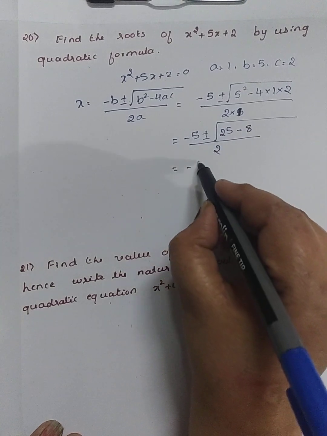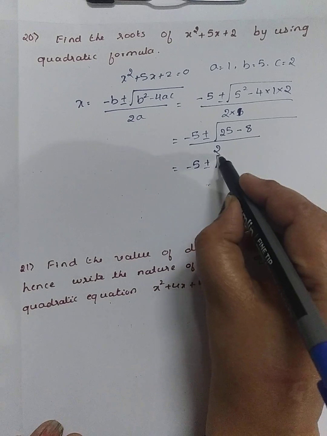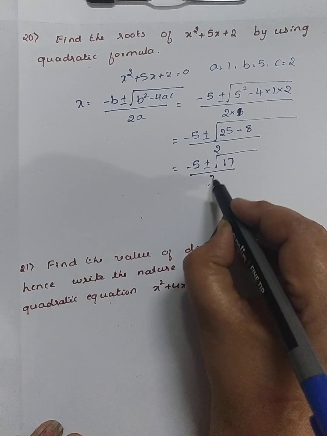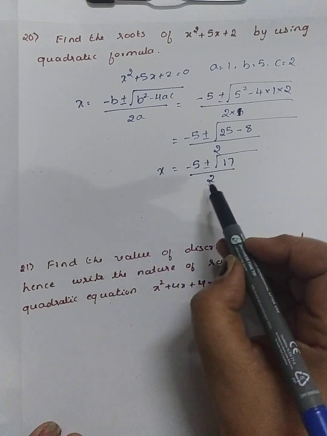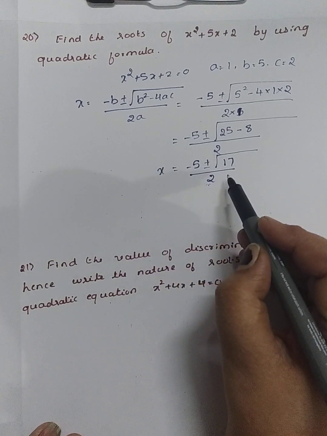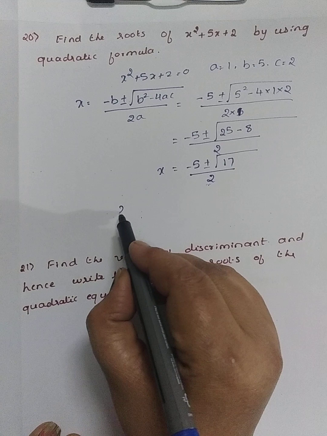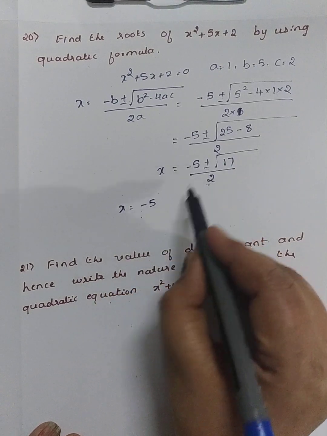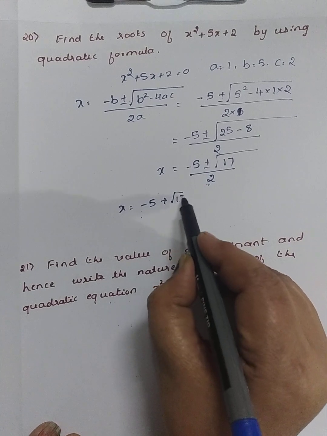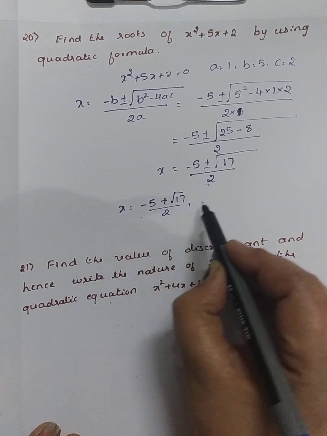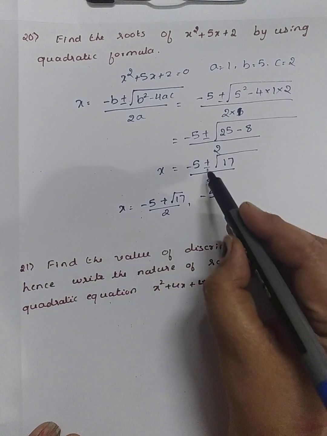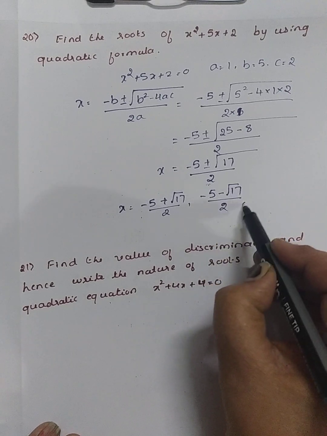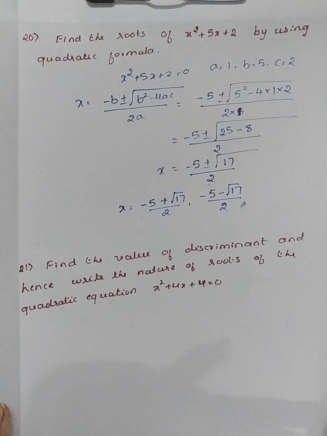So answer is minus 5 plus or minus 25 minus 8 is 17 divided by 2. Since 17 is not a perfect square, we will write the roots: x equal to minus 5 plus root 17 by 2 and another root is minus 5 minus root 17 divided by 2. So this is the answer.